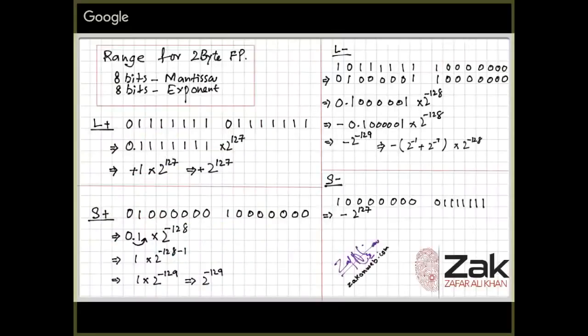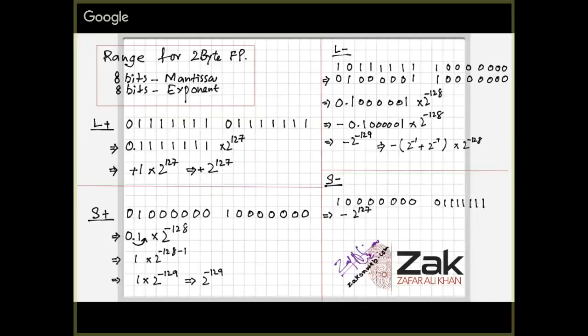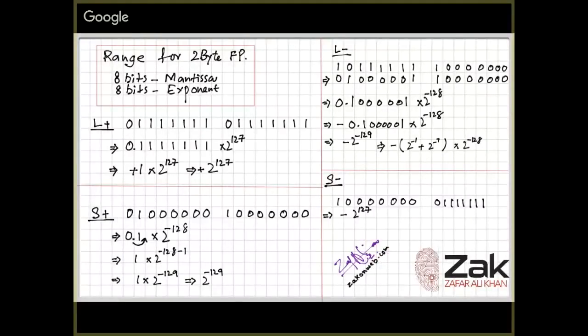Now, this is important because there are a couple of instances when they actually ask for ranges when you have 8 bits mantissa and 8 bits exponent.